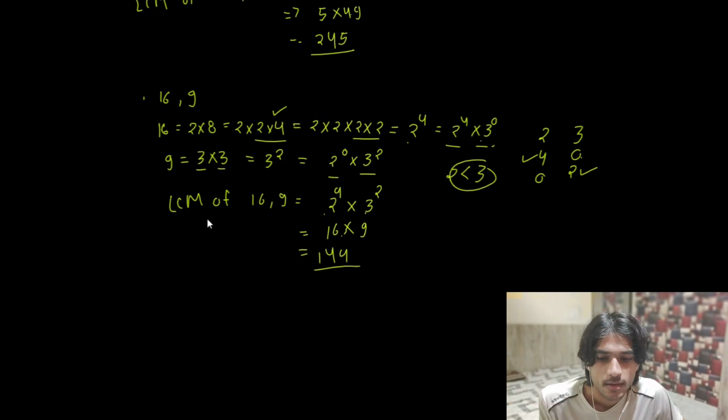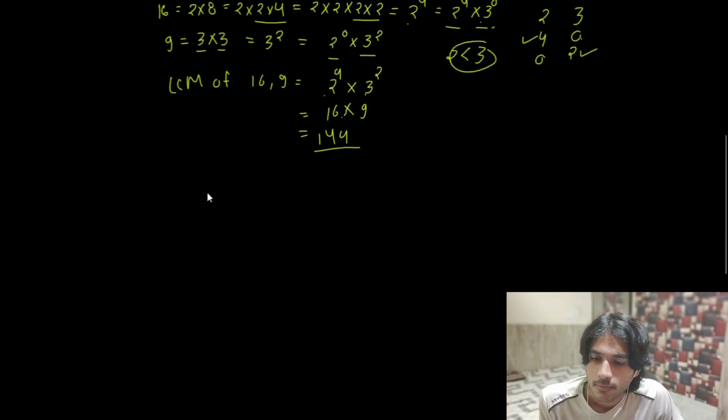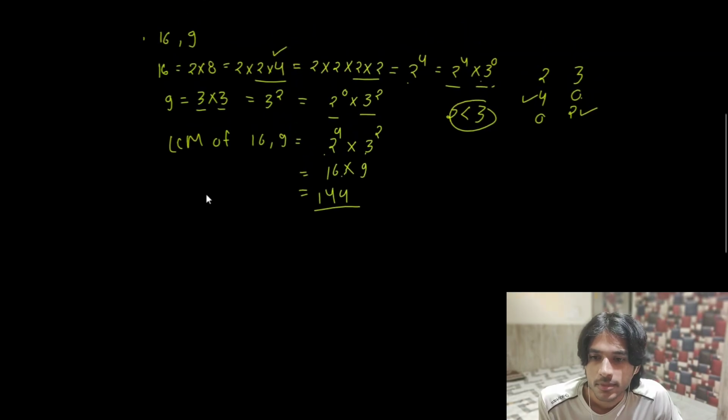Now, there is one more property that I would like to tell you. Let me just introduce you to that property, and we will discuss it later, maybe tomorrow. So verify whether this statement that I'm about to write is right or wrong.